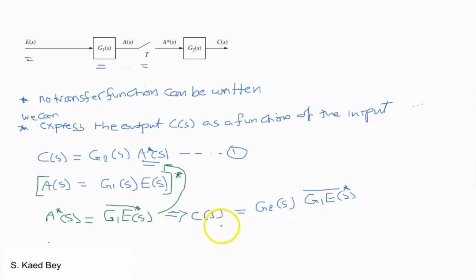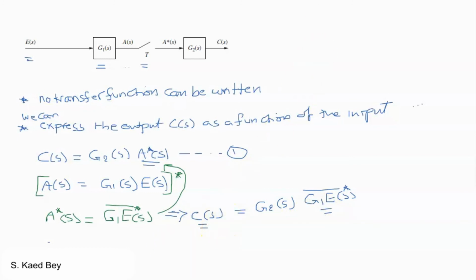And as we already mentioned, there's no transfer function that we can write for this specific sample data open loop system. However, we said that we can always express the output in terms of the input. In this case, this is the output and this is the input.